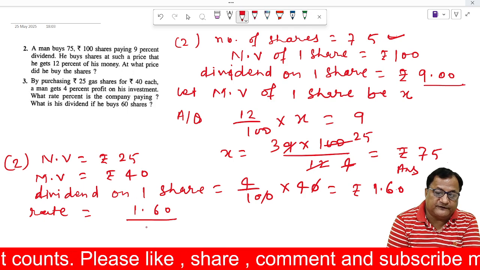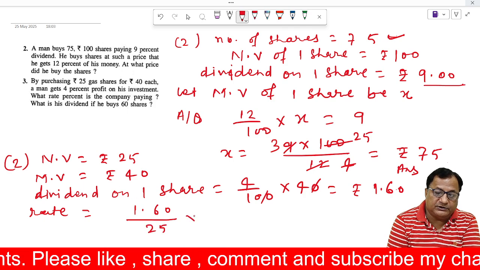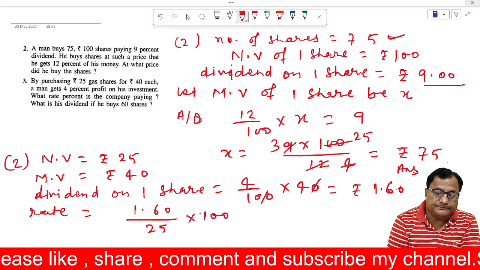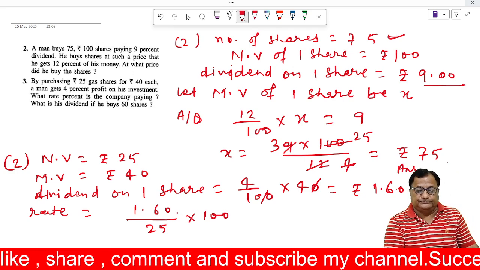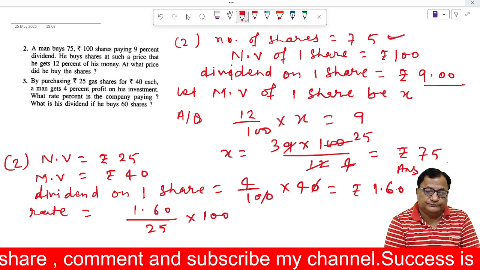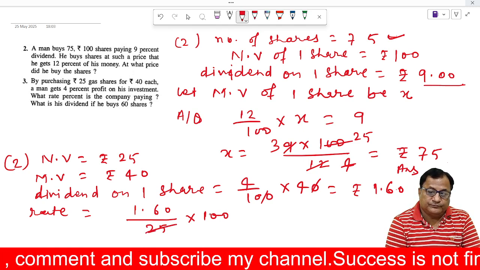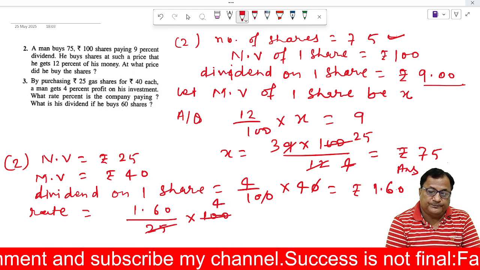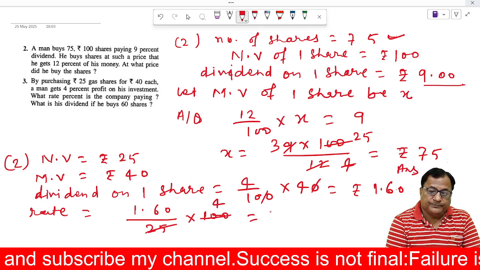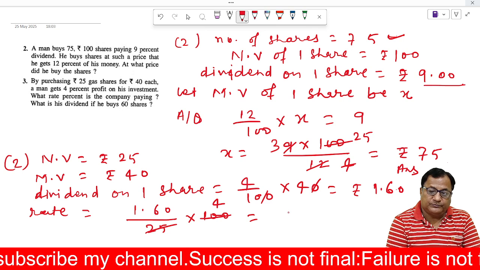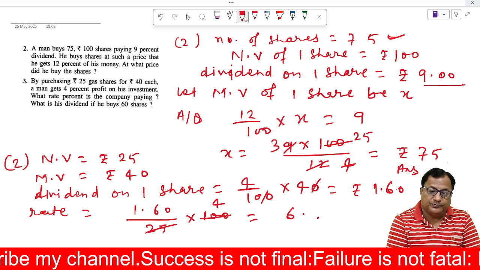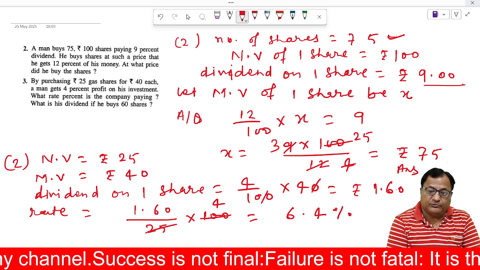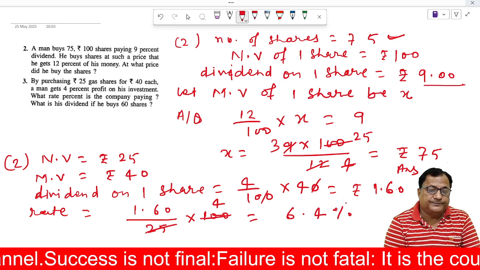Nominal value is 25, so 25 into 100. So 6.4% is the rate.